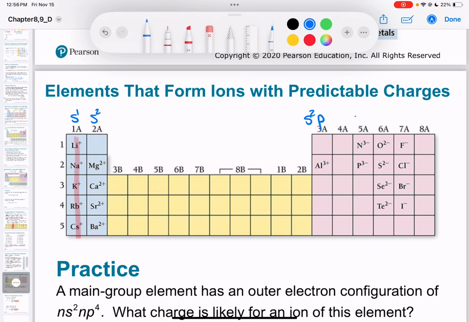And then when we get to s2p3, that's when they start to gain them. So this one gains 3 electrons in order to match the noble gas. So it would be s2p6 once it gains the electrons. In fact, the ions that are shown here, once they have gained those electrons, they all have a configuration of s2p6.